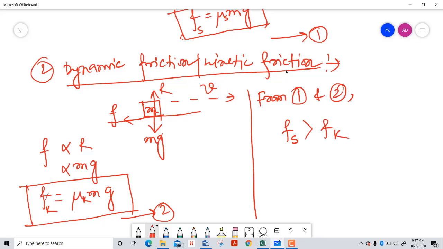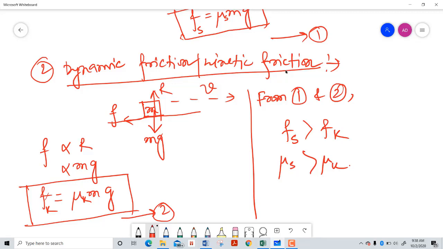Why is it greater? The static friction is greater because you are applying lots of force but you are not able to overcome that friction force. That's why it is greater than the kinetic friction. You can even say that mu of s is obviously greater than mu of k here, right? So in this way we can represent static and dynamic friction, right?